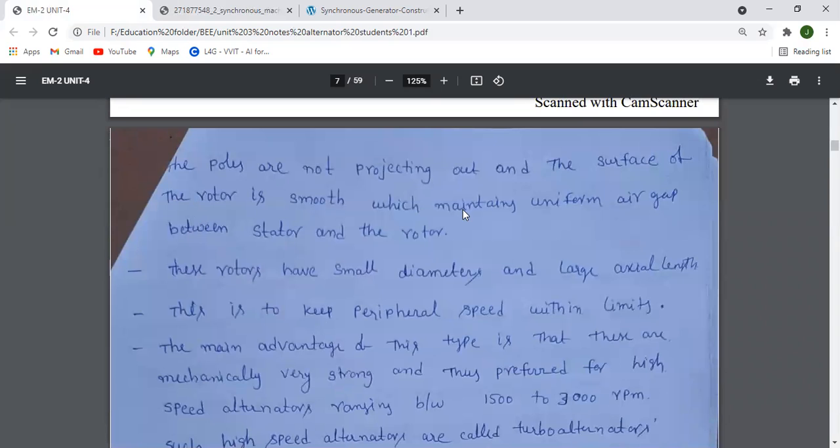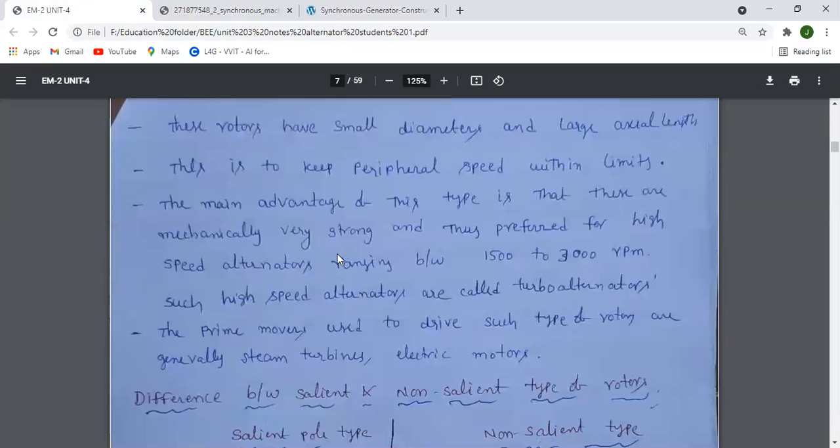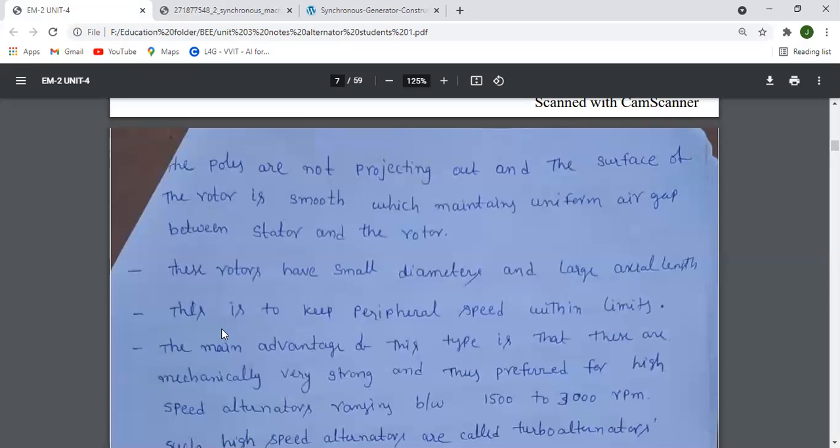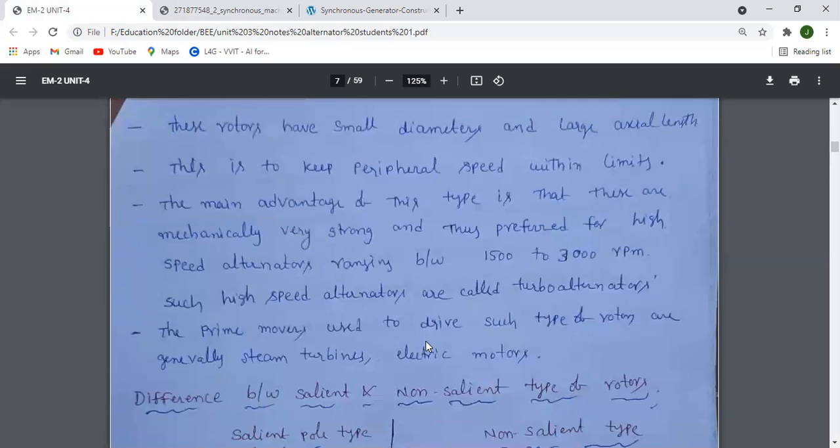The poles are not projecting out, and the surface of this rotor is smooth, which maintains a uniform air gap between the stator and rotor. Here the air gap is mandatory. These rotors have small diameters and large axial lengths, to keep the peripheral speed within limits.